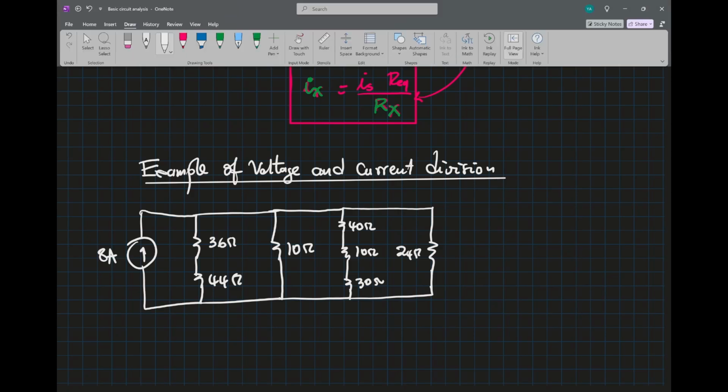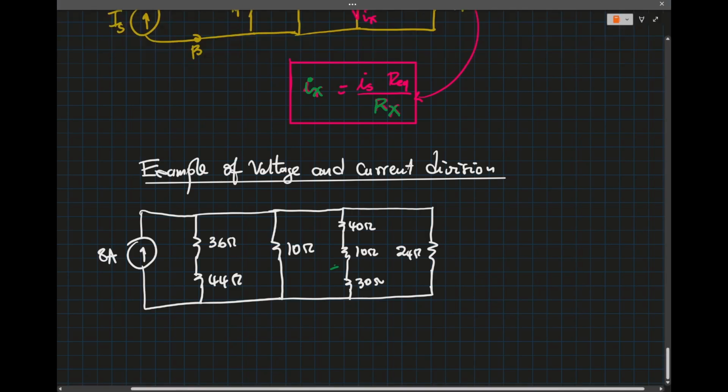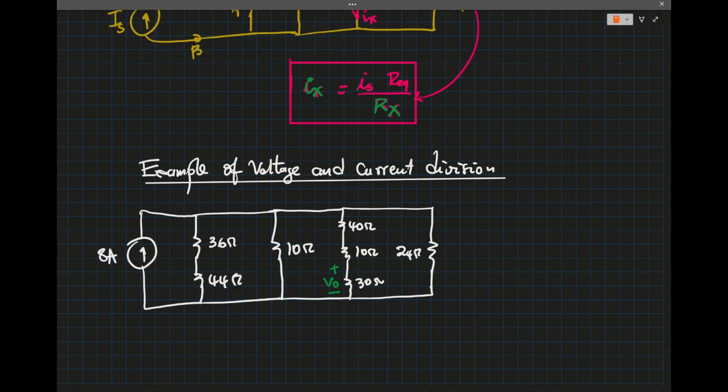What we want to find is the voltage across the 30 ohm, V0, and the current I0 through the 24 ohms and the voltage across that 24 ohms.